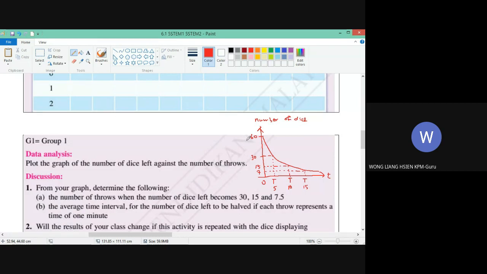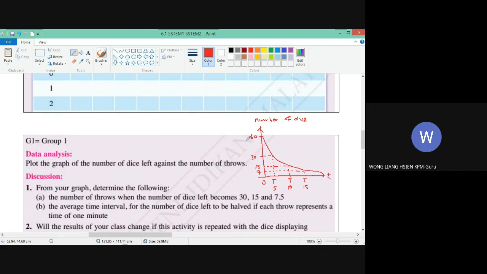So one way that we can do this activity even better is actually we should put in the time. That means you throw the dice in the same amount of time. You throw the dice, you count number 3, how many, take out, and the time that you do this activity should be restricted. For example, you have a time of 2 minutes to do all of this. The first time you throw, you got 10 dice that show number 3.